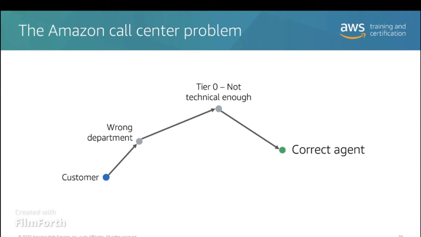So if we didn't play the right option to a customer calling in, the customer might be sent to a generalist or even the wrong specialist who then had to figure out what the customer needed before finally sending them to the agent with the right skills. For some businesses, maybe that's not the end of the world. For Amazon, dealing with hundreds of millions of customer calls a year, it was pretty inefficient. It cost a lot of money, wasted a lot of time, and worst of all, it was not a good way to get our customers the help they needed.